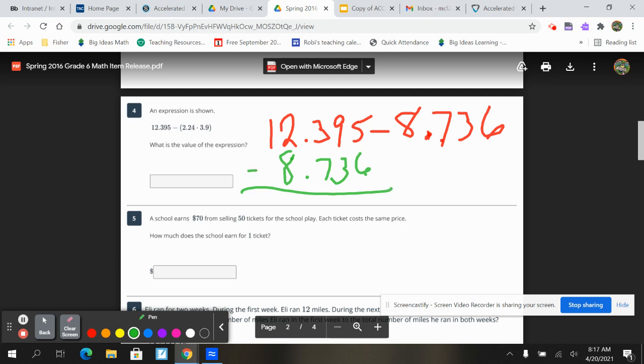And then you just simply subtract like they're whole numbers. And when you do that, you should have arrived at 3.659 thousandths. Pretty good so far?